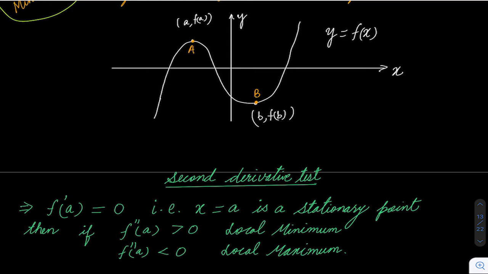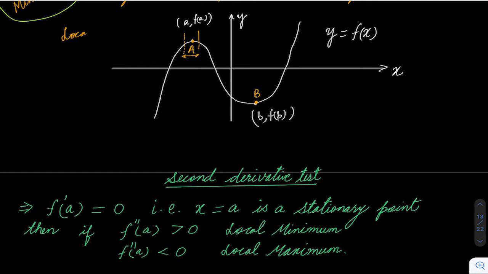What do I mean by neighborhood? I mean a small interval which contains A. In this small interval, A has the highest value, so this point is known as local maxima.